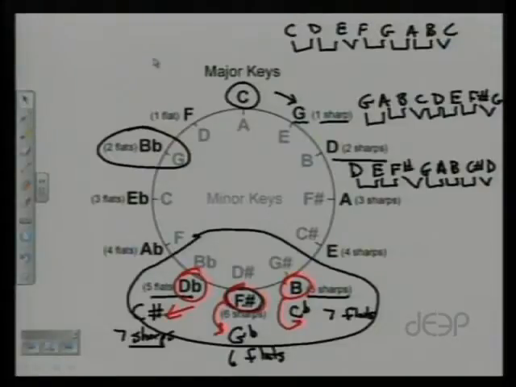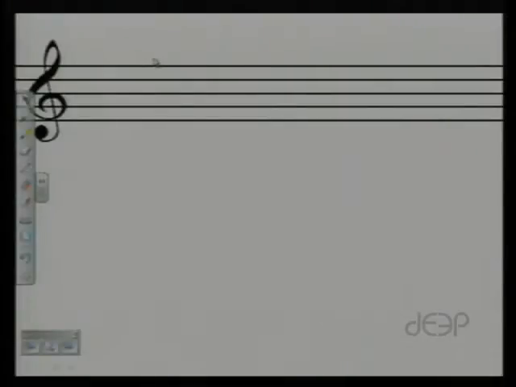If you take a look at the first assignment, you'll see something that looks like this. It gives you a scale, D, E, F sharp, G, A, B, C sharp, and D. And then it gives you a little double bar like this. And it says, study the sharps and flats used in the scale and write the correct key signature for each.